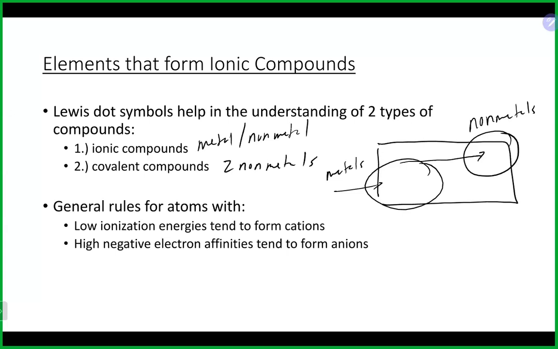And that is why we see cations form with metals because of those properties of it's okay, you can take my electrons. And why we see anions or negatively charged things occur with nonmetals because they have all those properties of I'm keeping my electrons, I'm going to take yours. So they tend to gain electrons.